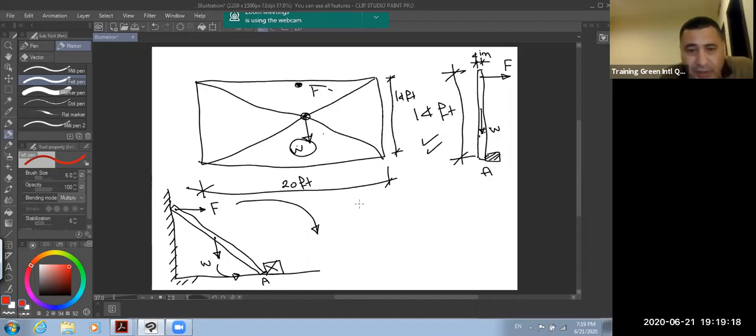Your equation is equal what? F multiply y. What is y? The y is distance, this distance. F multiply y distance, I can calculate it easily.